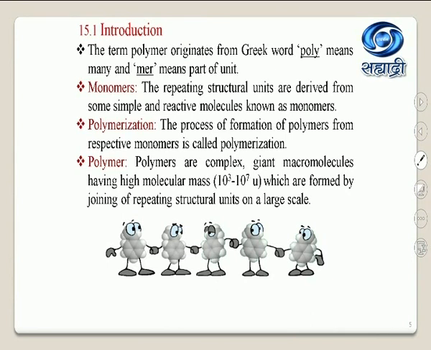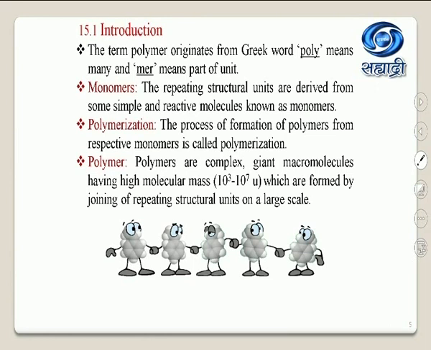So let us start with the introduction part. The term polymer originates from Greek words, that is poly means many and mer means part or unit. Now what are monomers? The repeating structural units are derived from some simple and reactive molecules known as monomers.